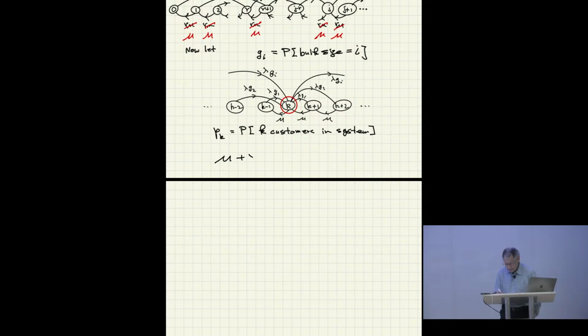So let's see, there's a lambda G1 if the bulk size is 1, or at a rate lambda with probability G2, it's size 2 on up, which is simply mu plus lambda times the summation of all the possible G's. And what is that sum? How big is that sum? Exactly 1. So that's equal to mu plus lambda, which is very handy.